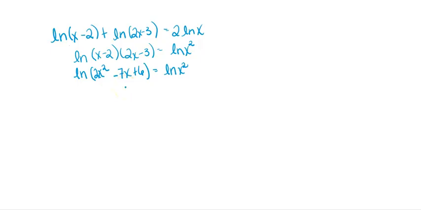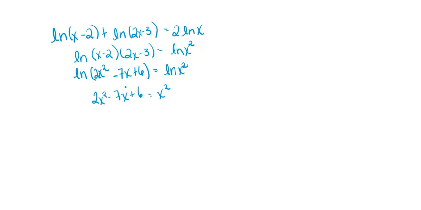Now, if you look at this, you can see that I've got two logarithms with the same base on either side of my equation. Therefore, I can use my one-to-one function. I can just drop the natural log, and I can say 2x squared minus 7x plus 6 equals x squared. And now I can solve it normally.